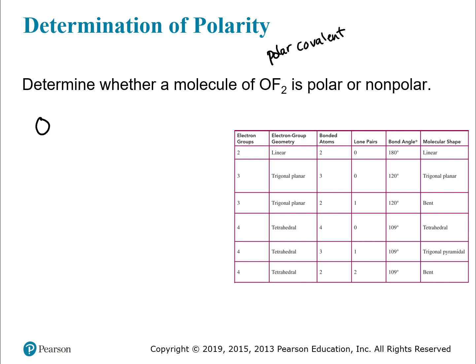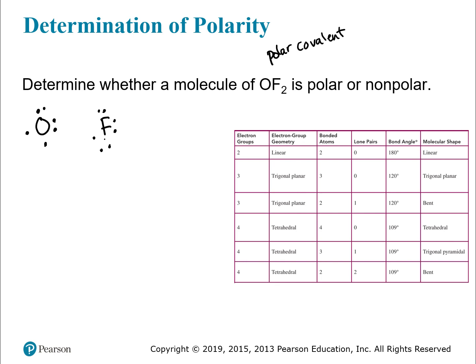I'm just going to go straight to drawing the Lewis structures for the different atoms. Group 6 means 6 valence electrons. Fluorine is in group 7, so it's got 7 valence electrons.